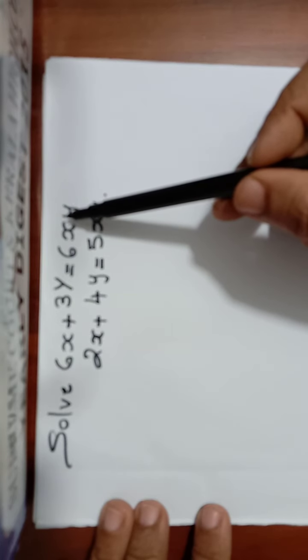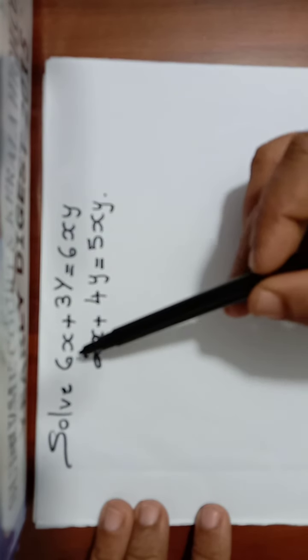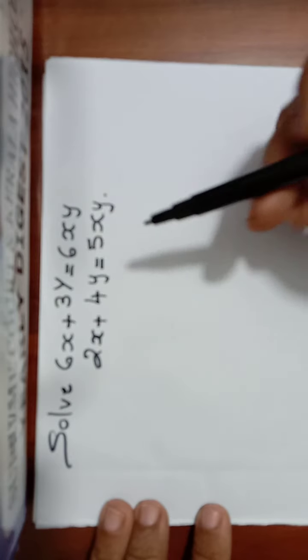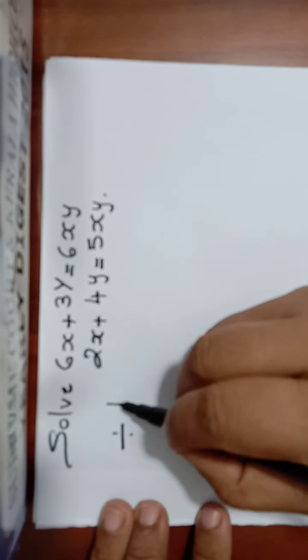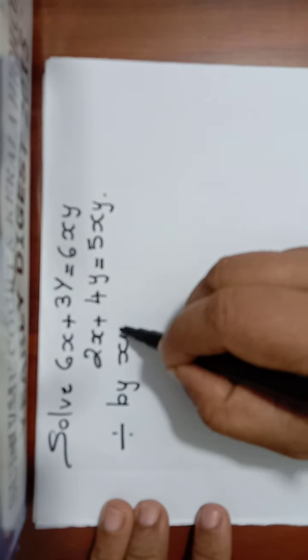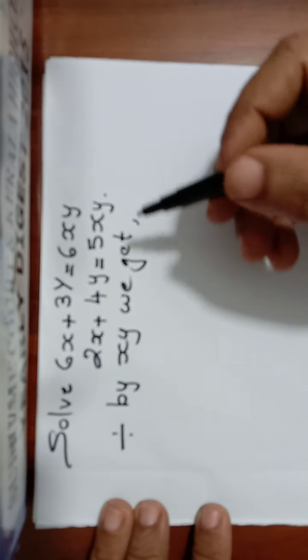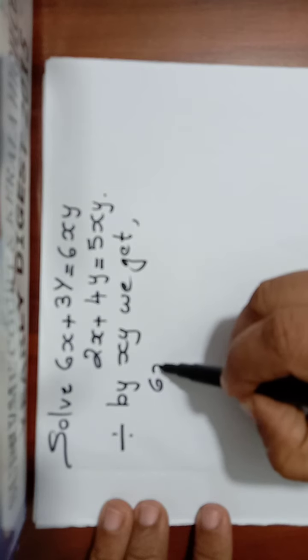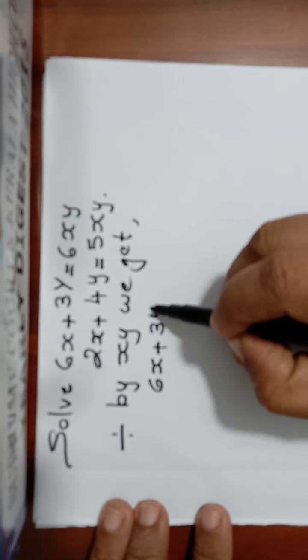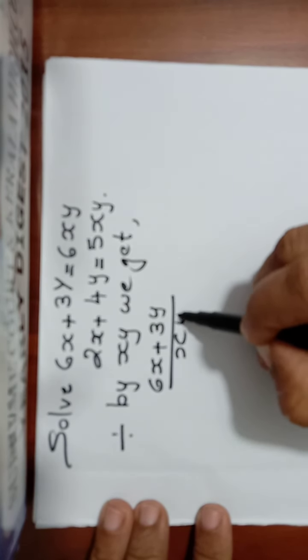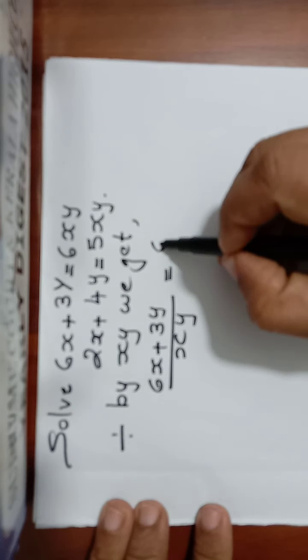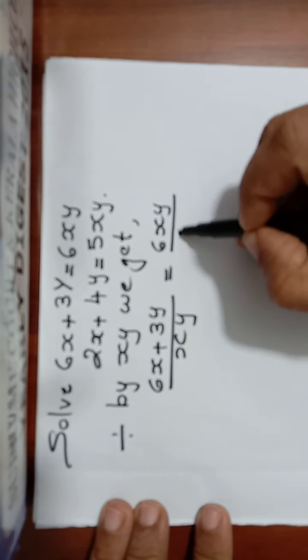Dividing by xy we get 6x plus 3y divided by xy equal to 6xy by xy.